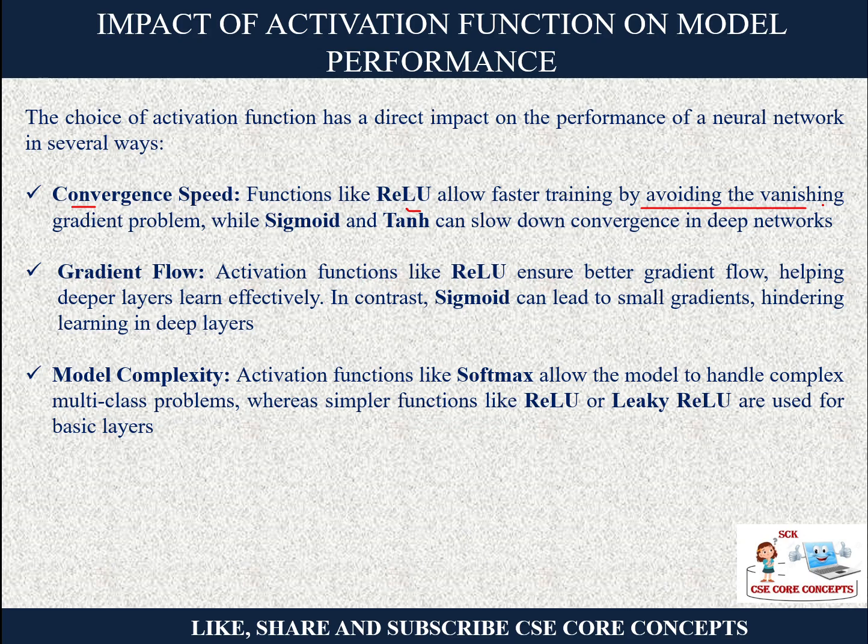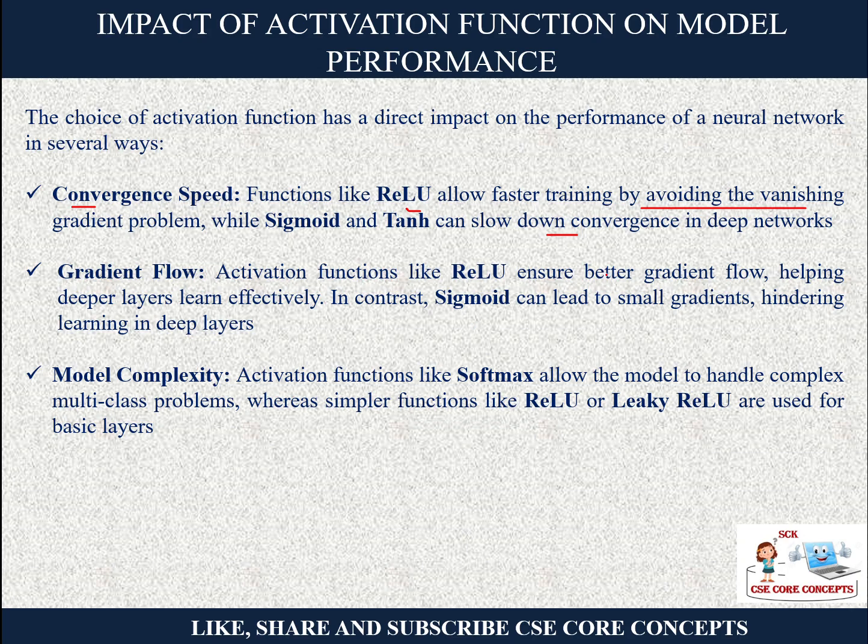I am going to discuss the gradient problem in my next video. What is the gradient problem? Sigmoid and tanh have slow convergence, which means it takes a very long time to converge to the output. This is what I can tell you in this video; you can check more about the gradient problems in my video about vanishing gradients. Second is the gradient flow.